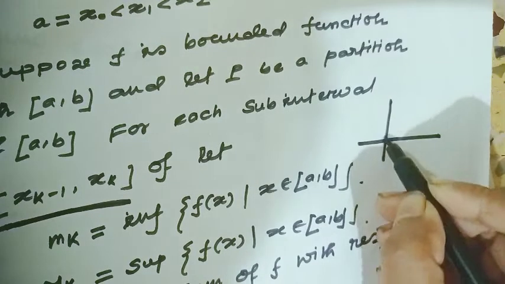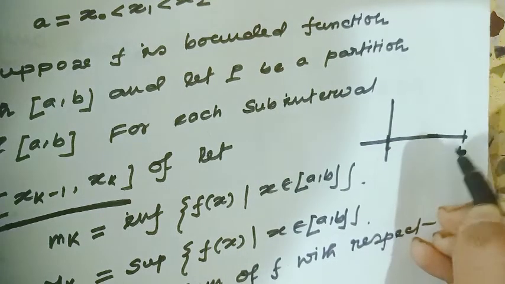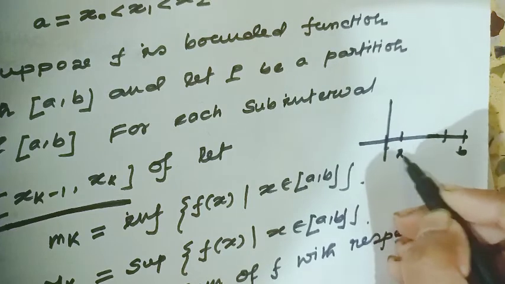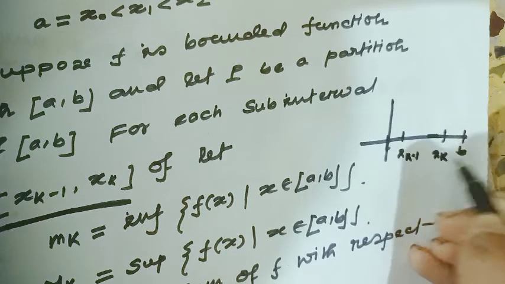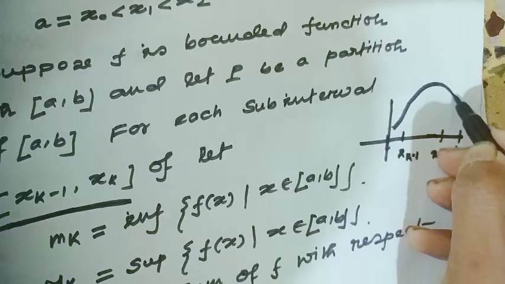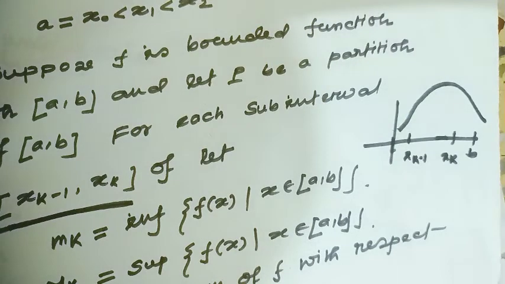Consider this is [a, b], and consider this subinterval [x_{k-1}, x_k]. The function is defined as it looks like.